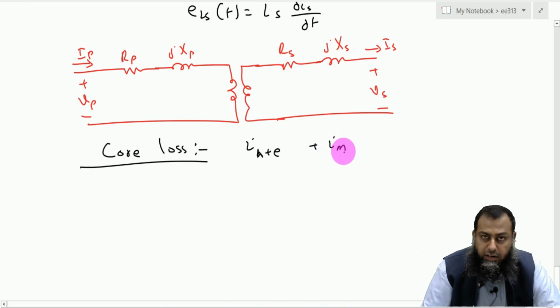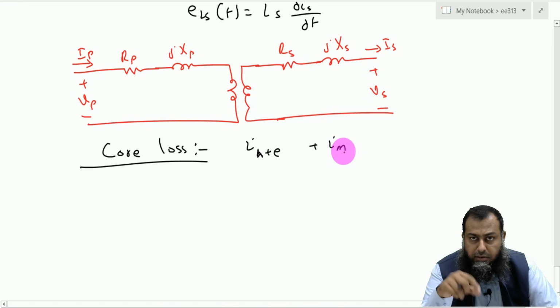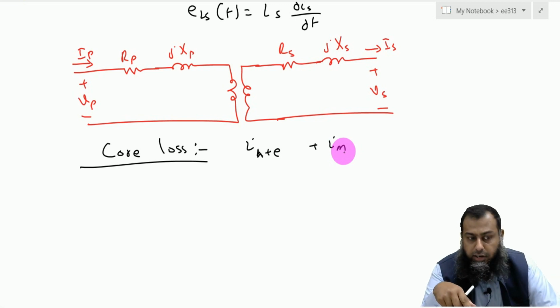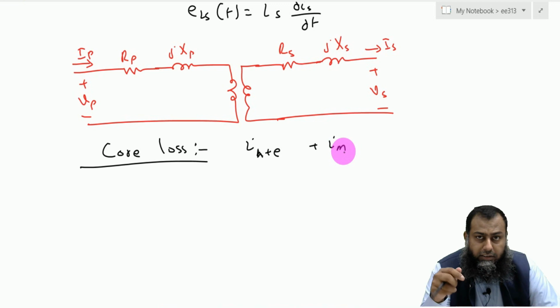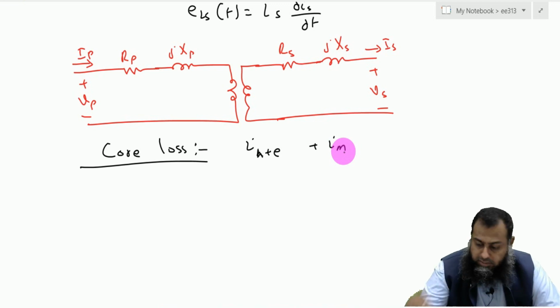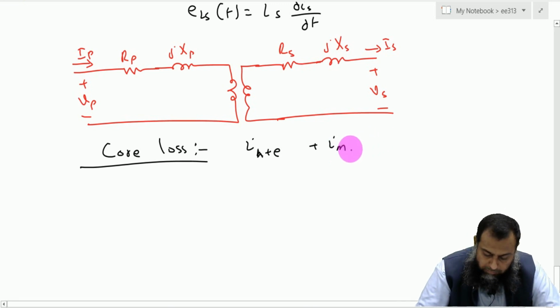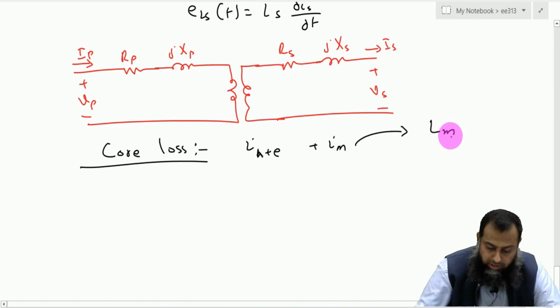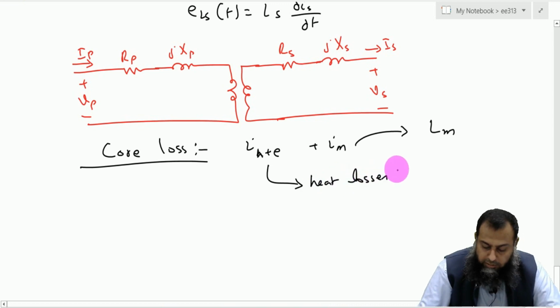What is this magnetization current? This magnetization current is that current which is required to establish the flux in the core of a given transformer. We have seen that the magnetization current IM is lagging the applied voltage, and therefore it can be modeled in terms of an inductance.